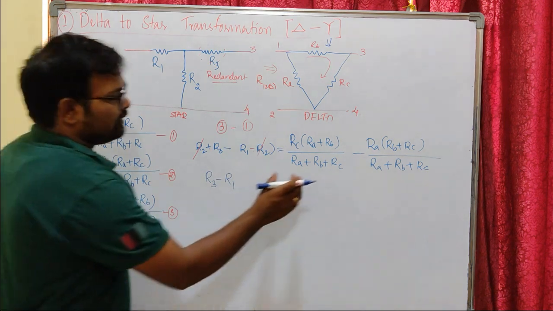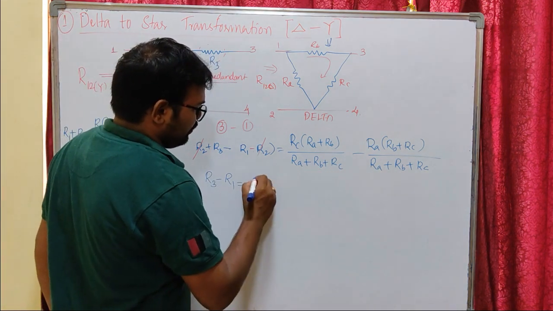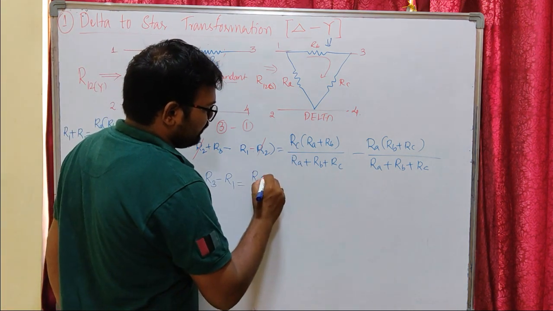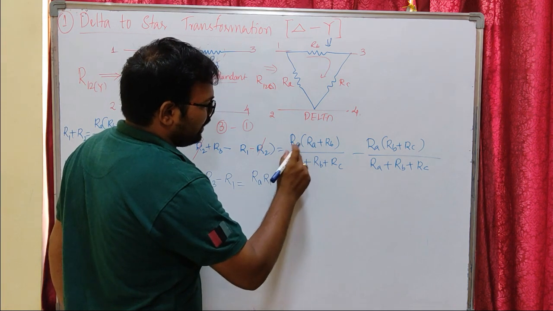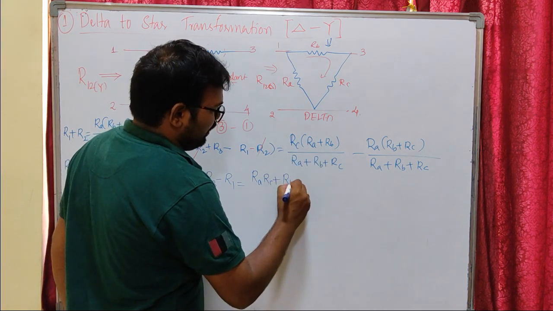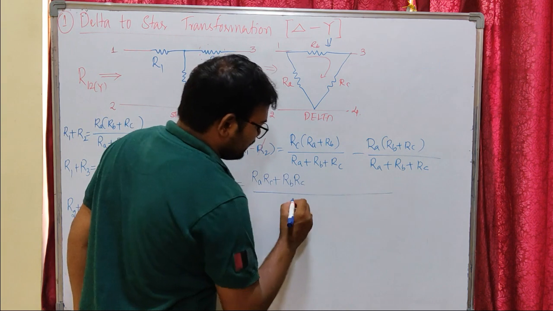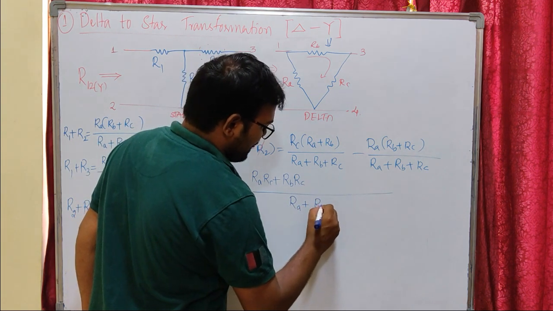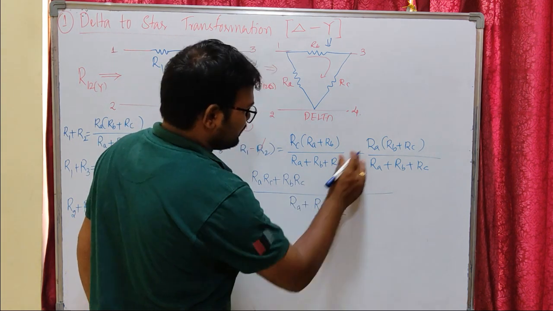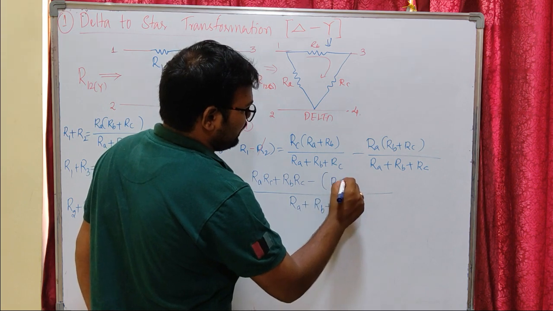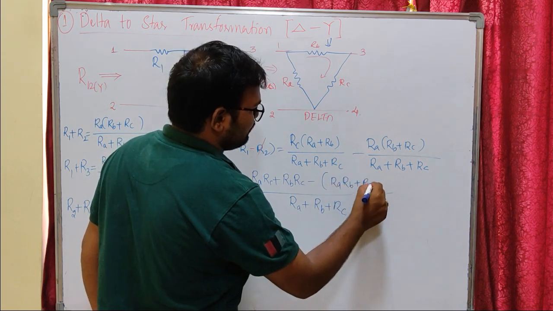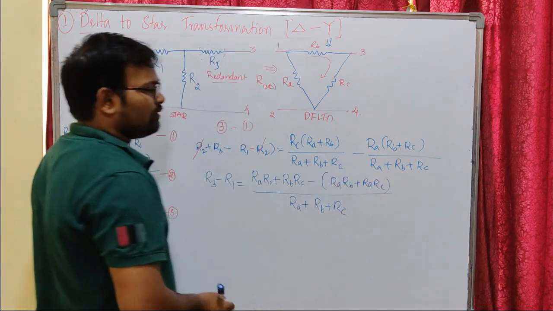Here the denominator is common, so I am multiplying RC into the bracket, that will be RA RC plus RB RC, minus RA RB plus RA RC, over the common denominator RA plus RB plus RC. So this is what we have obtained so far.